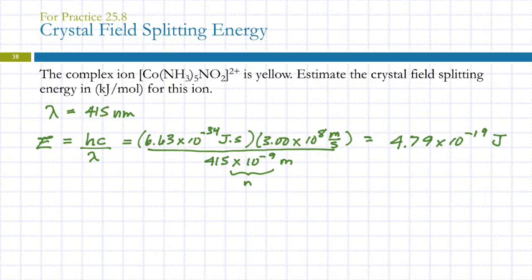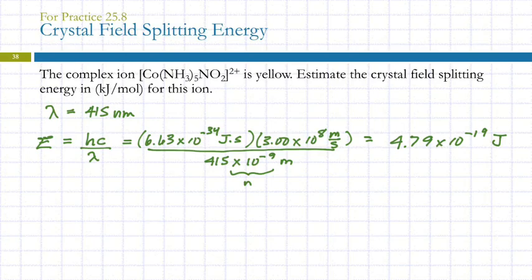Is that the answer? We're supposed to have it in kilojoules per mole. This is the energy of one photon. How many photons in a mole of photons? Avogadro's number.